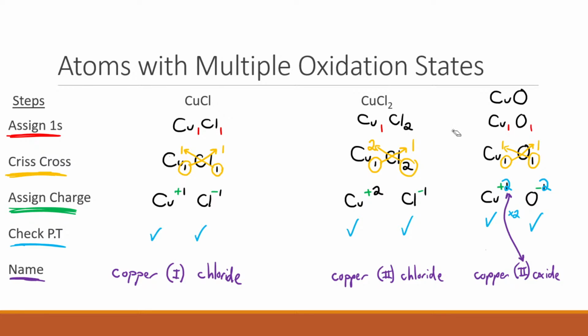So, if we needed it to be a positive charge, we would not multiply by a negative charge. We never need to change the sign. The sign is always correct. The first ion is always positive, the second ion is always negative.